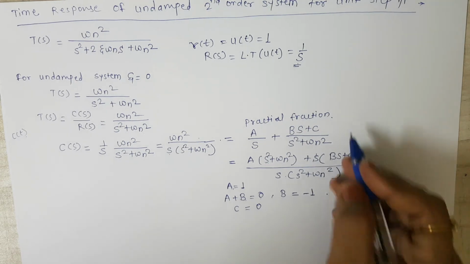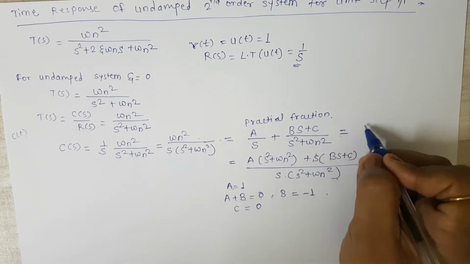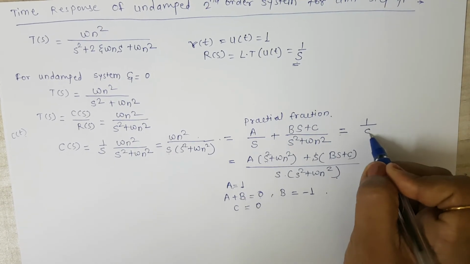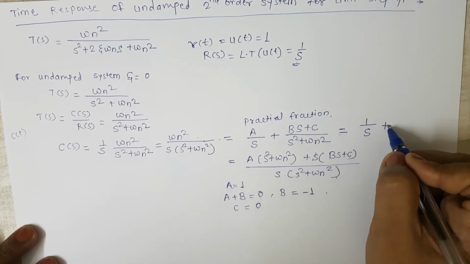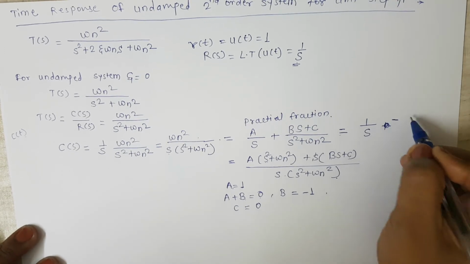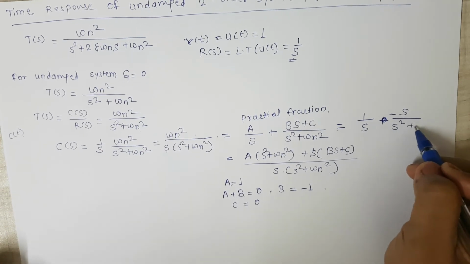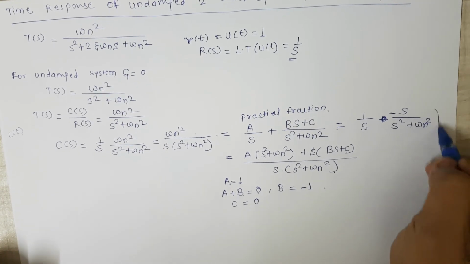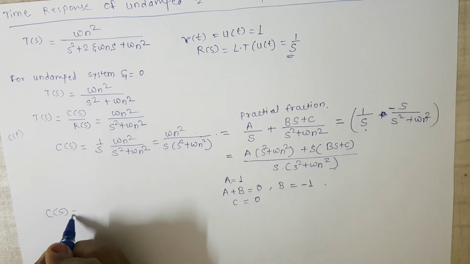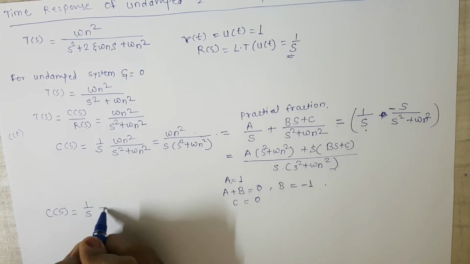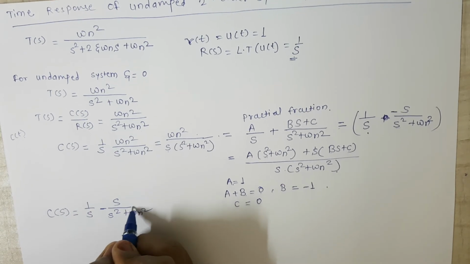If I am writing these A, B, C terms into this equation, so this will become 1 by S plus B is minus 1, so it will become minus S upon S square plus omega n square. Now what I am getting? C of S is equal to 1 upon S minus S upon S square plus omega n square.